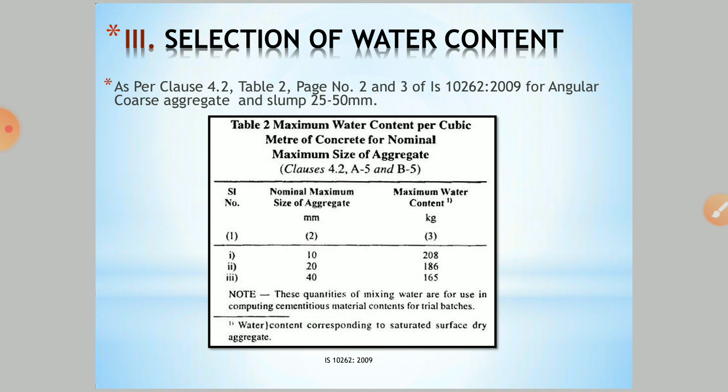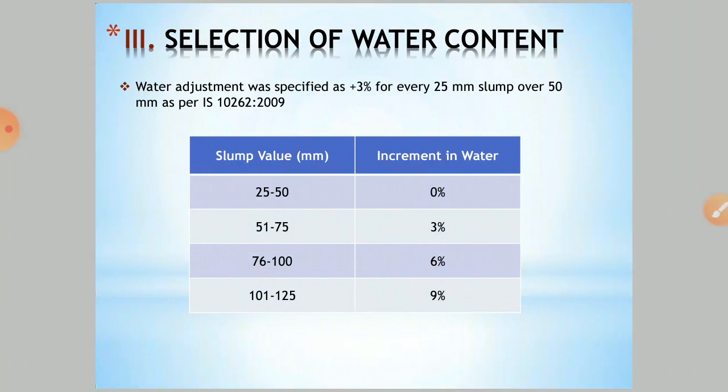First of all, the clause, then this table is only for angular coarse aggregate and slump value 25 to 50 mm. Then there is a clause which says that above 50 mm add 3% for each increment of 25 mm.